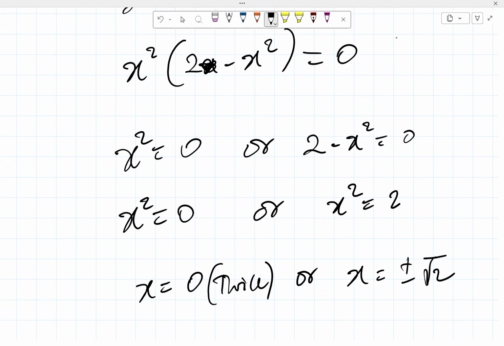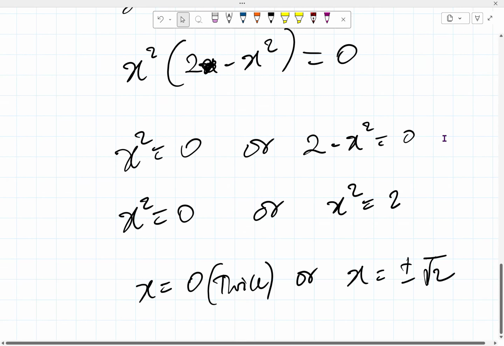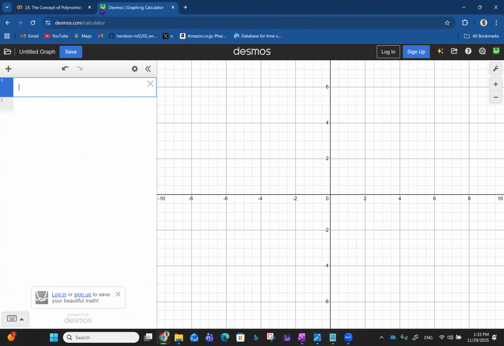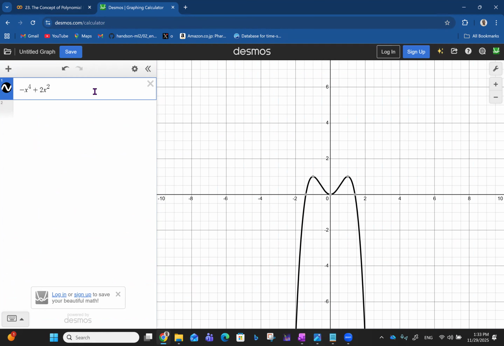So we have two things to work with here. X is plus or minus root 2. So minus x raised to power 4 plus 2x raised to power 2. Of course, from the graph, clearly we see this.